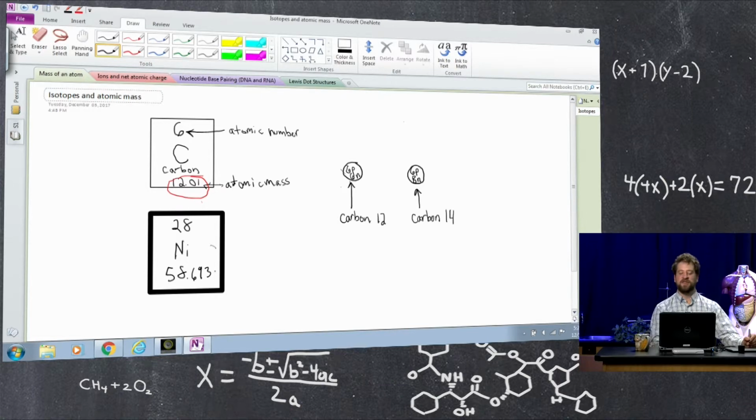Okay, so the average of all the different nickel isotopes that we've seen, the weight of them is 58.693 atomic mass units. But to figure out the most common isotope, all we need to do is round that atomic mass number to the nearest whole number. So the nearest whole number for 58.693 would be 59. 59 is going to be the mass of the most common isotope of nickel.